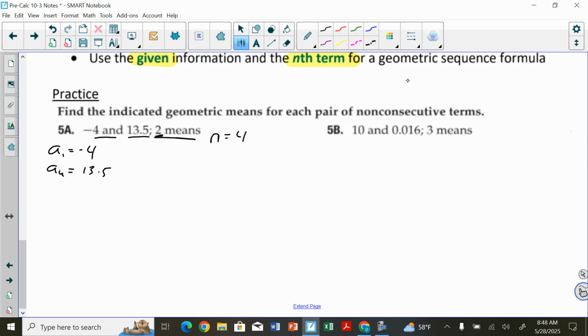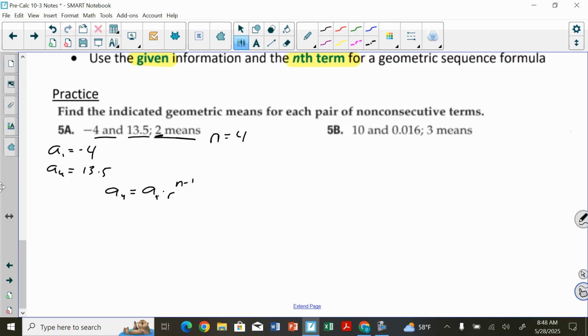All right. So again, I'm basically using the same formula. In this case, I know that, but I'm working backwards here, right? So A sub 4 is going to be A sub 1 times R to the n minus 1 power.